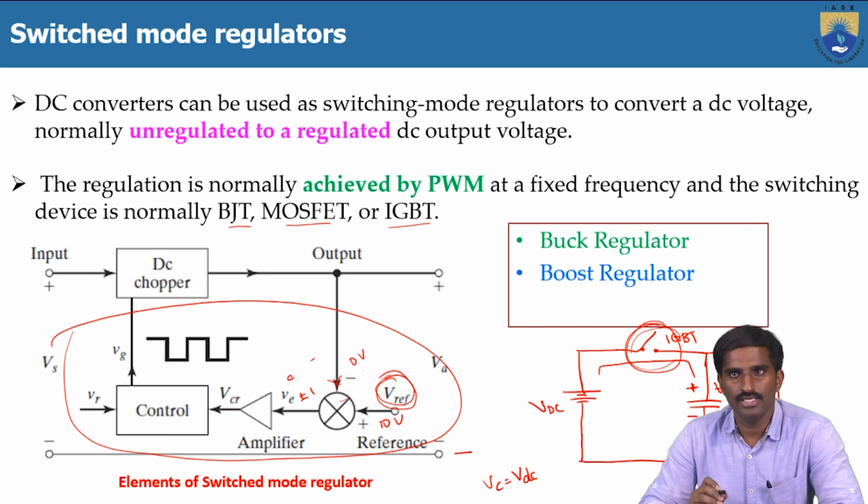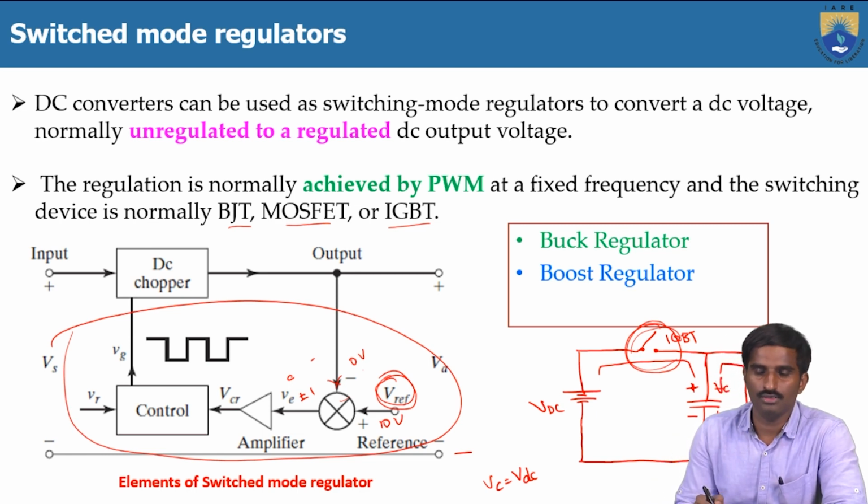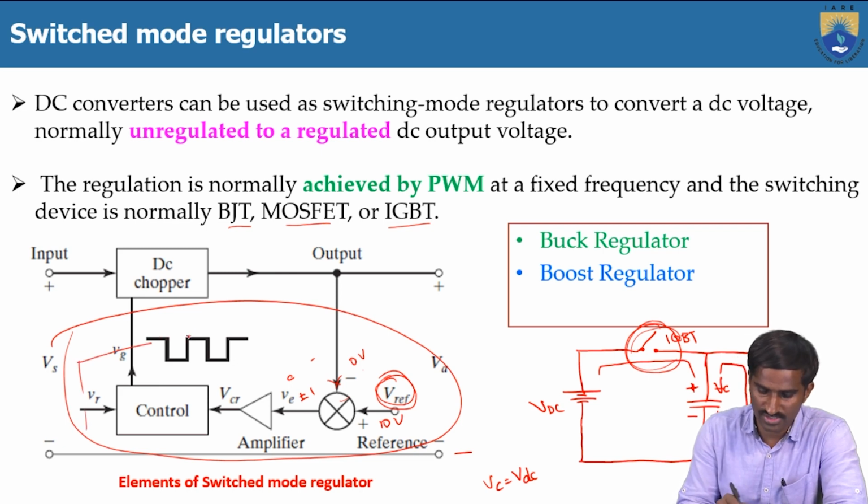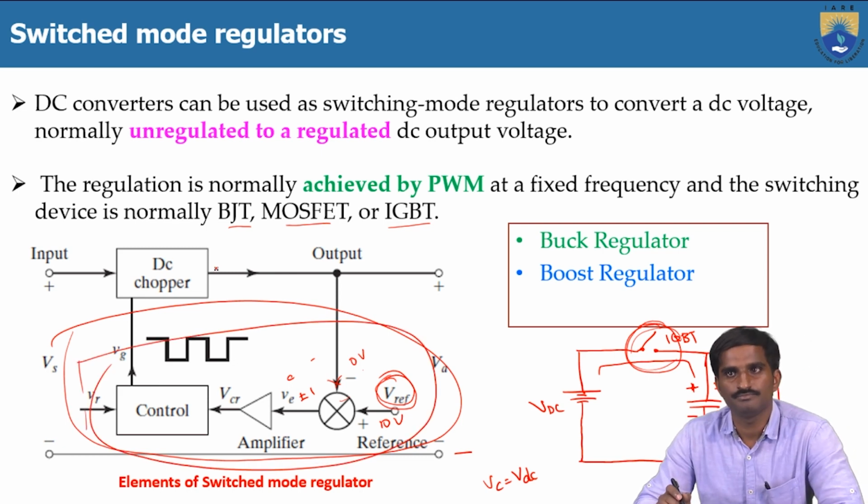Another thing, in normal DC to DC converters you can also use the PWM control technique, but in switched mode regulators we must use the PWM technique. Only by using the PWM technique can we get the regulated DC supply. To apply this PWM technique, we are using the different elements that I have mentioned here. This is about the switched mode regulators.